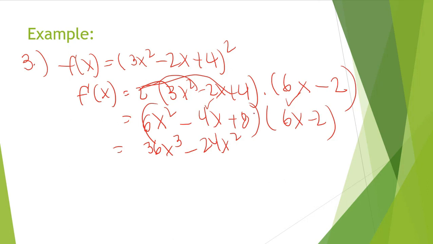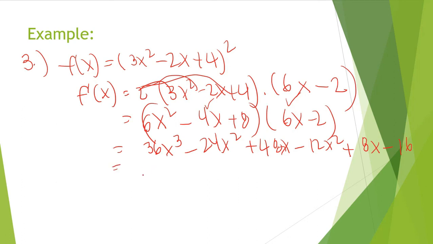Then, we have 8 times 6x will give us positive 48x. And then, negative 2 times 6x squared will give us negative 12x squared. Negative 2 times negative 4x will give us positive 8x. And then lastly, negative 2 times 8 will give us negative 16.